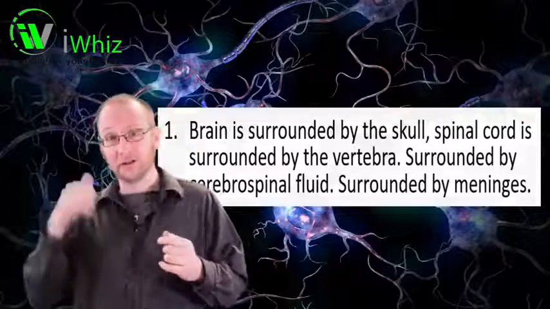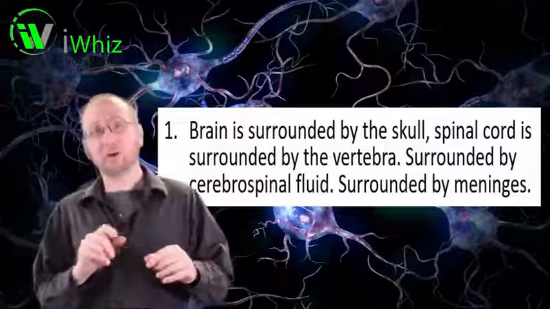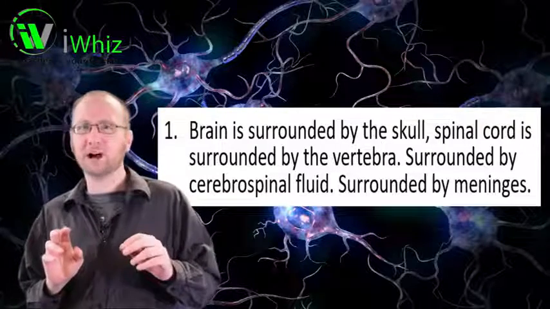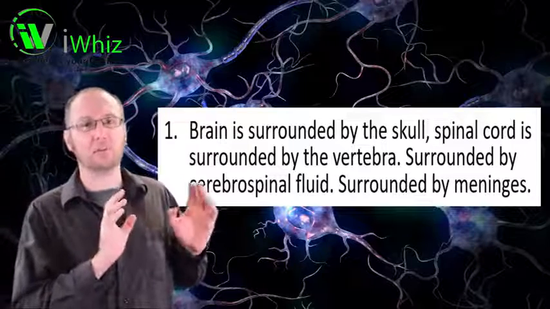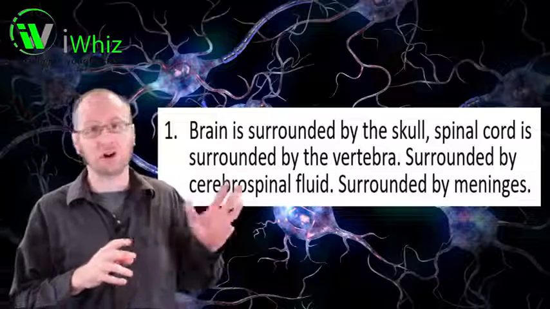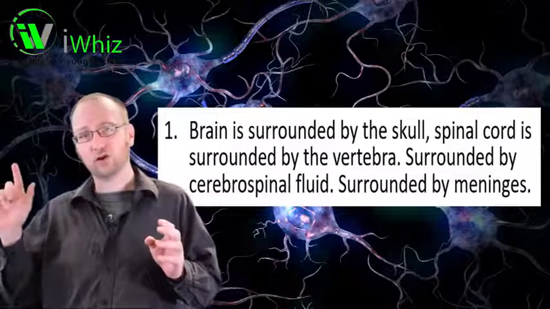Okay, so that's 1. Number 2, the brain and spine are also surrounded by the cerebrospinal fluid, which is found between the arachnoid and the pia mater. And this protects the brain against shock or jarring. Okay, so that's 2.